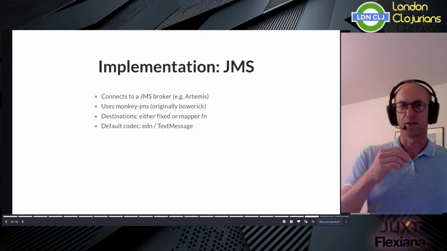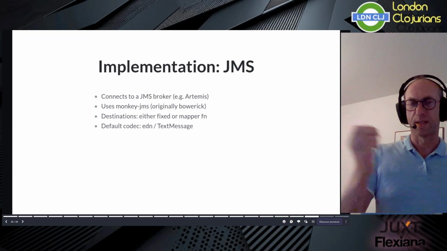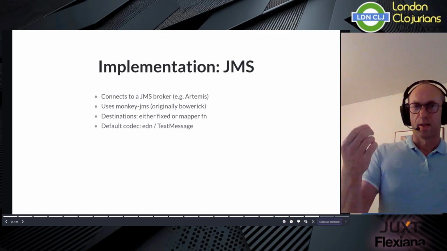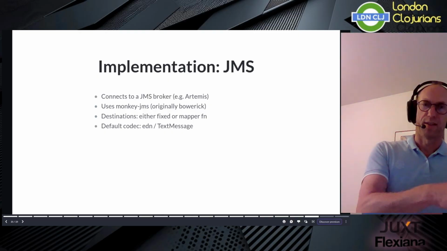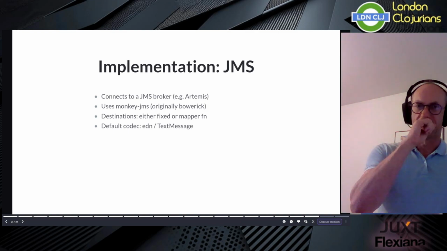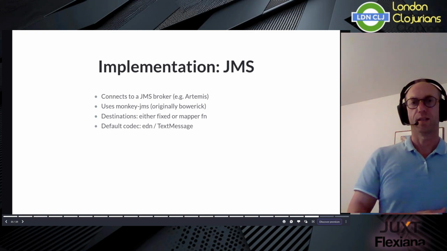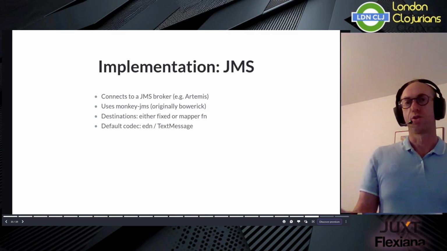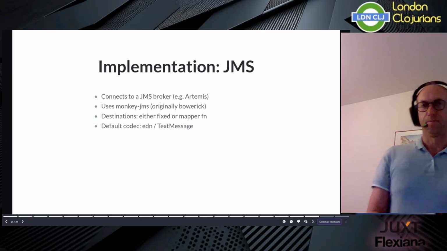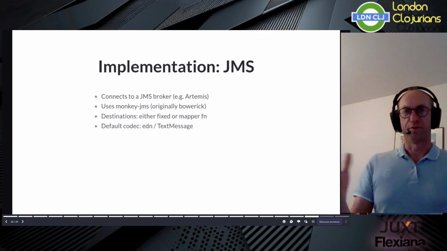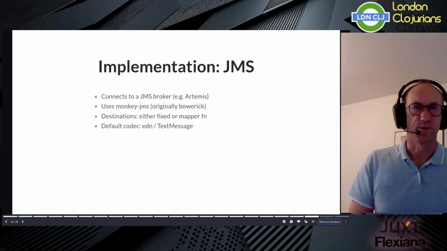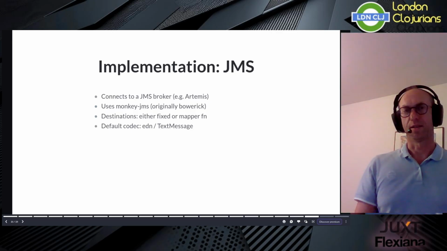Whenever an event is posted to the broker, it will pass that event to the destination mapper, and that should return the name of the topic or queue where the event should be sent.